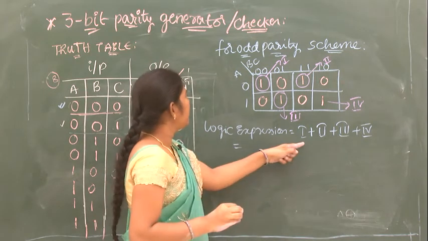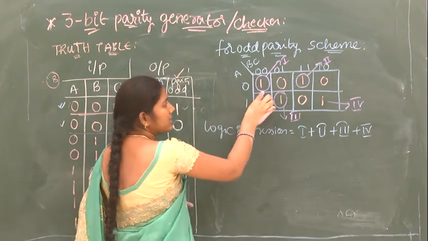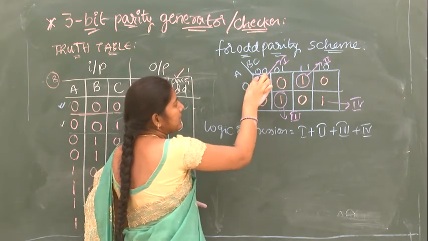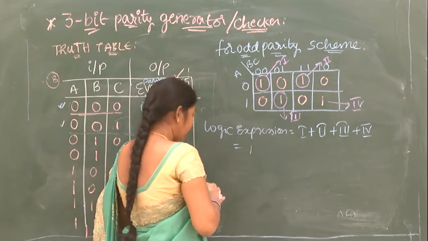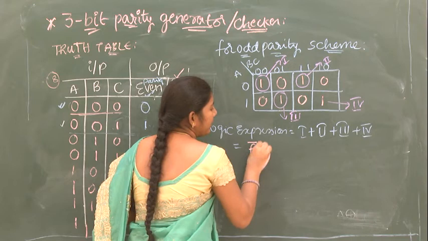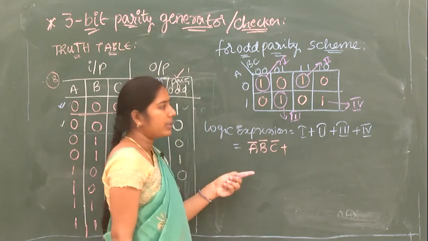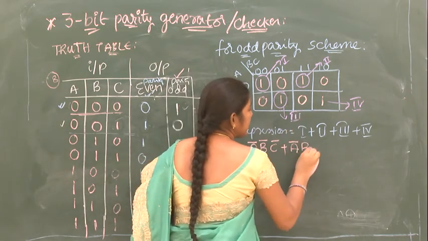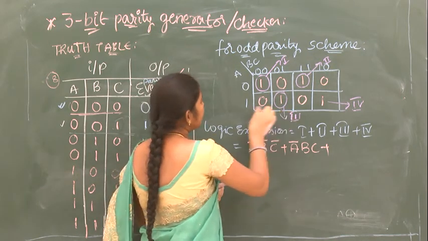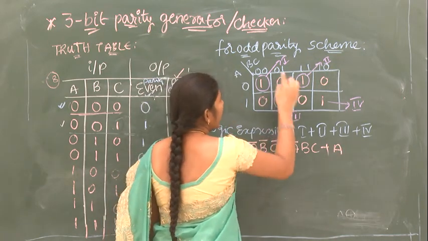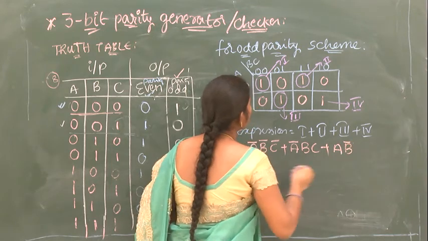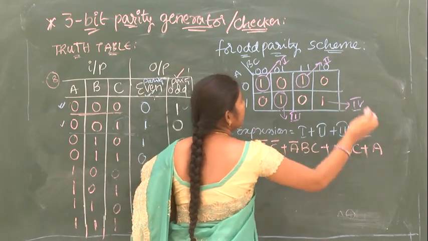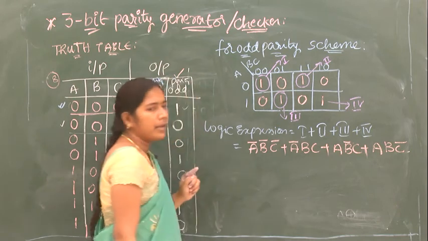Now, here what is the first term? For this output 1, you just see A is in complemented form and B, C are also in complemented form, so I can write this A bar, B bar, C bar. For the second term, A is complemented, so A bar, and B, C are uncomplemented. For the third term, it is A, B bar, C. For the fourth term, A, B, C bar.